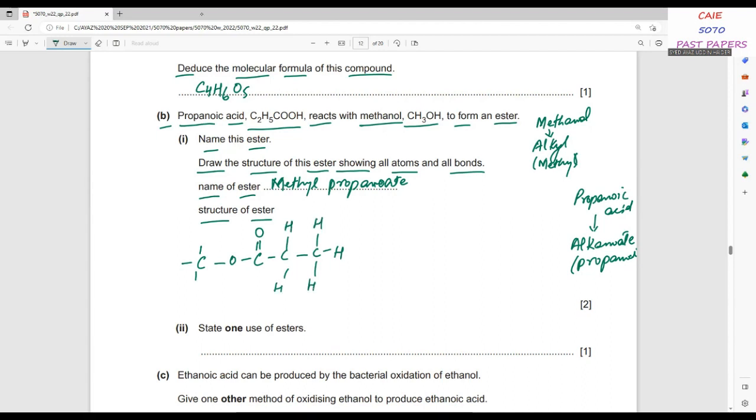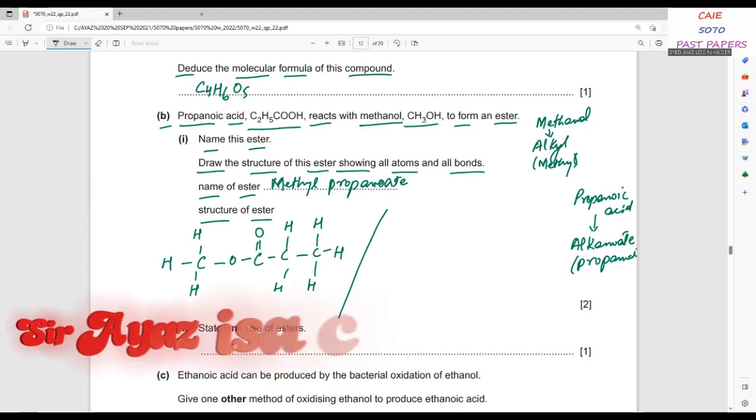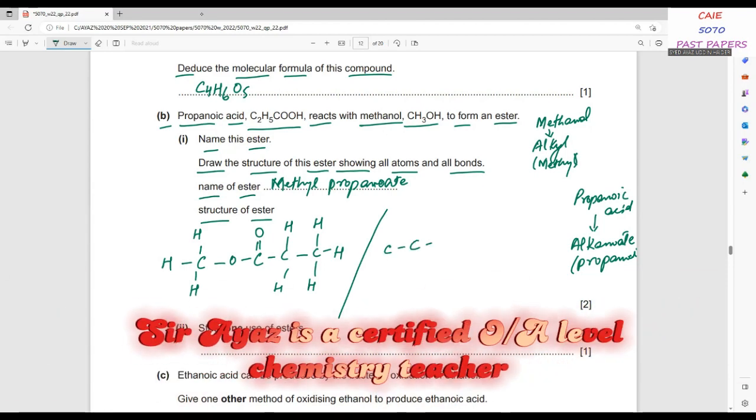This will be the displayed formula for methyl propanoate. Alternatively, you can start with the propanoate. So we'll have 1, 2, 3. Now you have the methyl group. Now I'm placing all the hydrogen atoms.